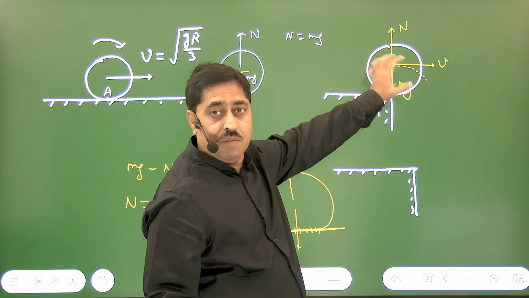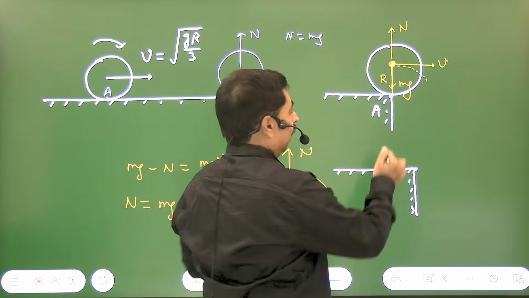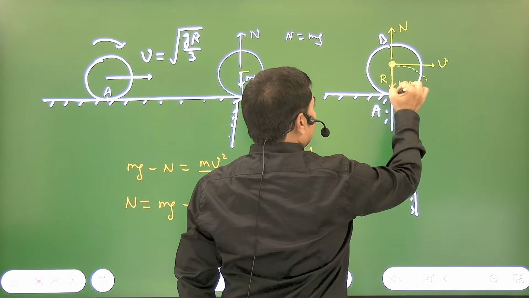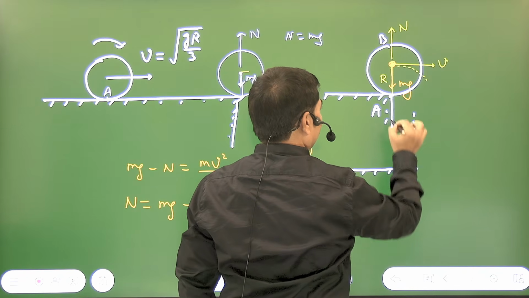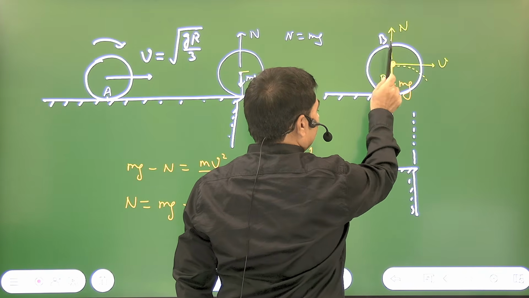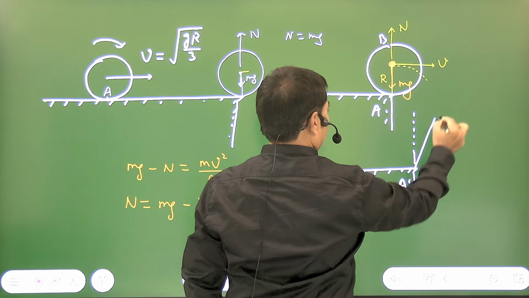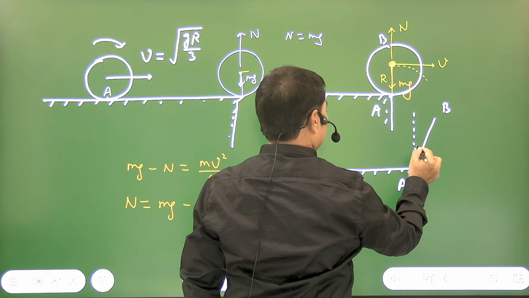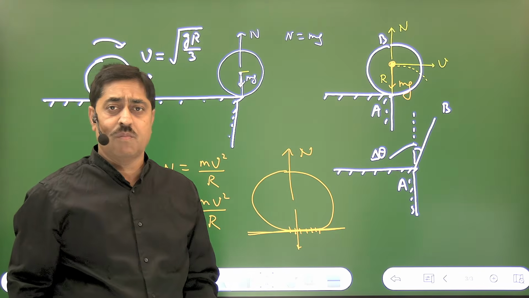Time delta t later from this instant. Just for sake of ease of drawing the diagram, I will just draw this diameter, okay? So this diameter is right now like this, AB. Slightly later on, it will become like this. This angle is extremely small, delta theta, but whatever it is, it is.